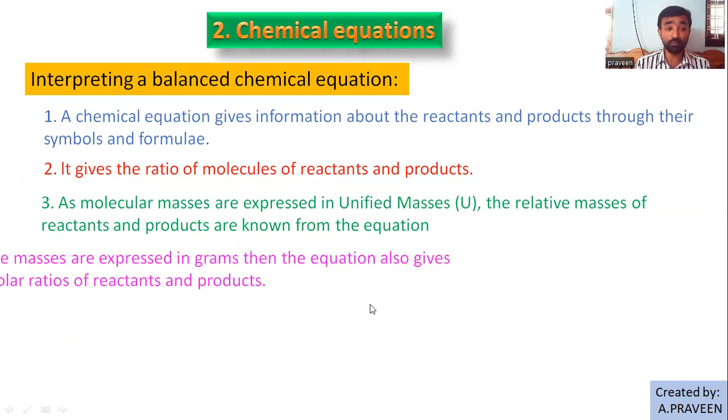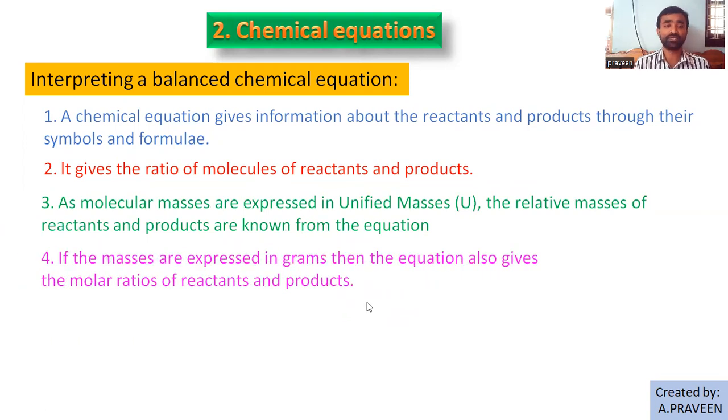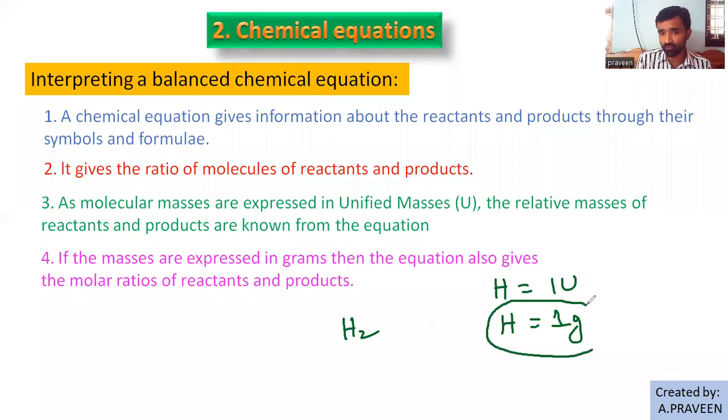So you will know the molar masses expressed in grams, right? Here H2 is taken. Here the hydrogen atomic weight is equal to 1 unit, right? If I take 1 unit as 1 gram, this is the atomic weight of the hydrogen atom.